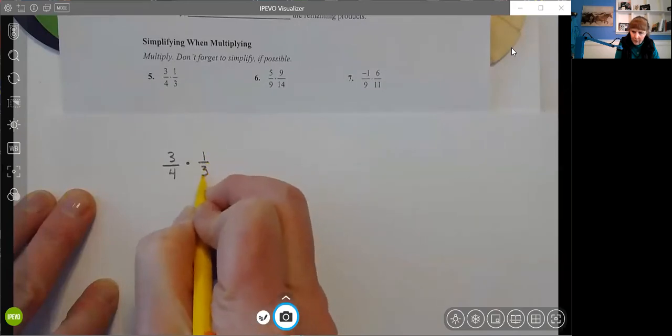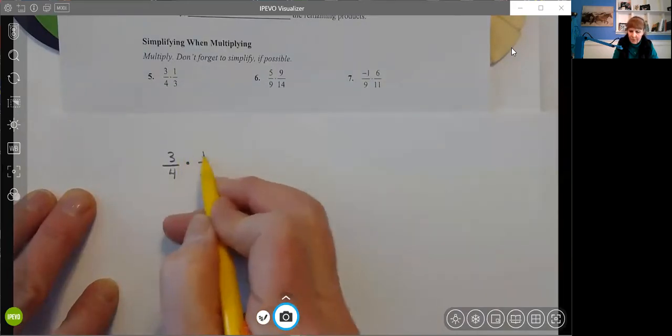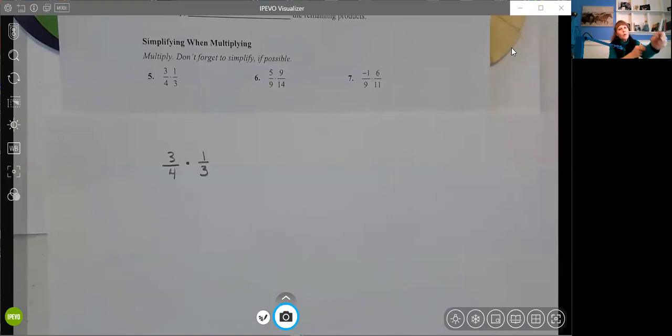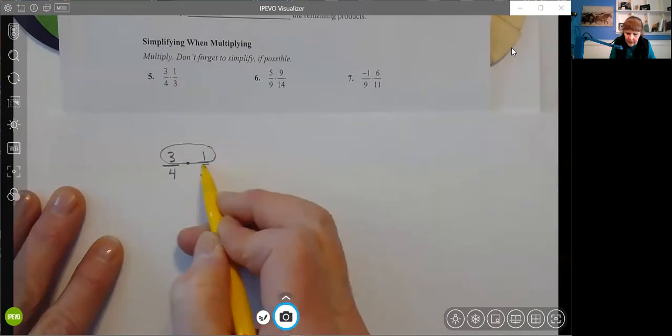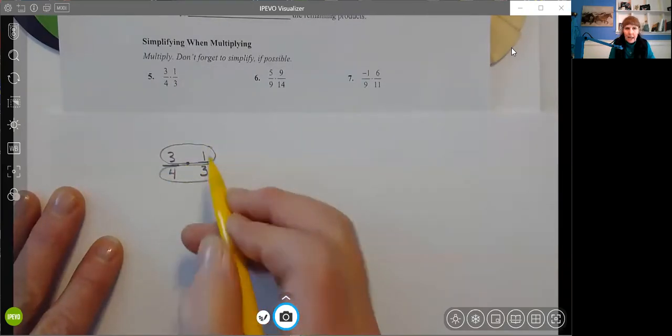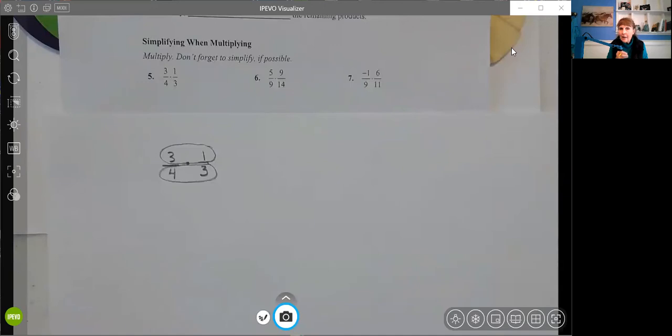Now in 3.4, I just multiplied across and I was done. But we're going to reduce these. And reducing these is the same as we did in 3.5. You can reduce anything in the numerator with anything in the denominator. Could I divide any of those numbers by the same thing?